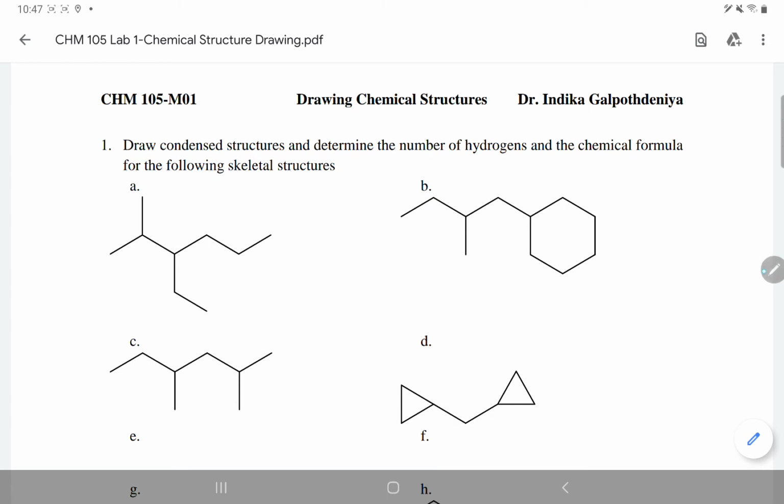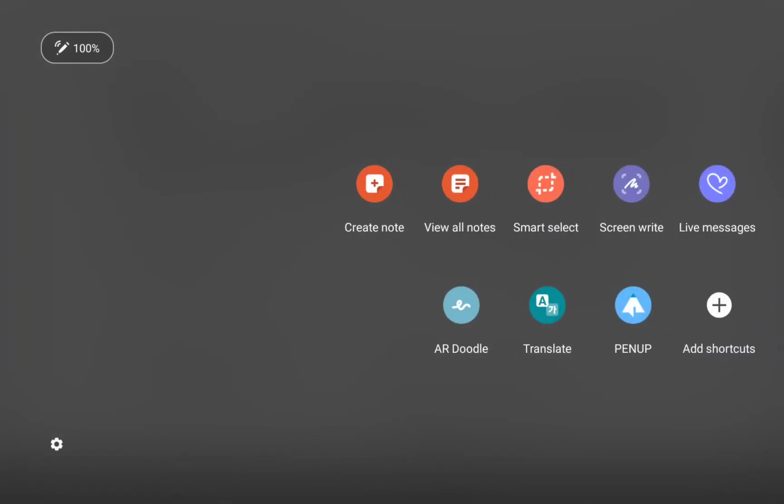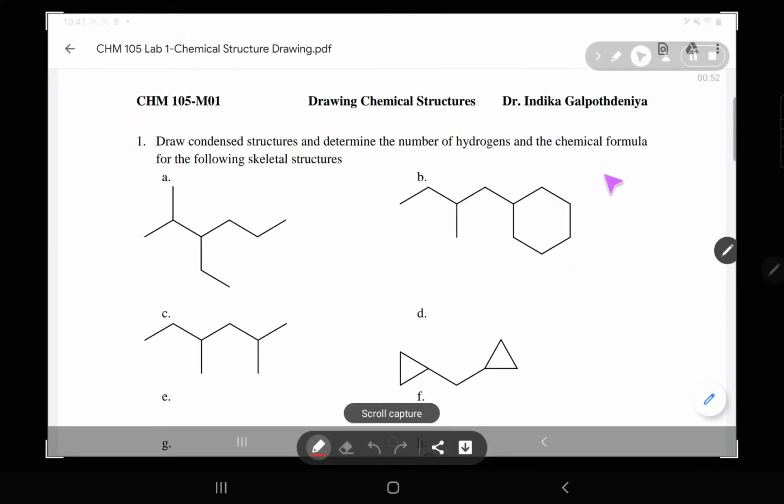Okay, let me do the first one. Let's try question number 1A. When you are drawing condensed structures from a skeletal structure, the first thing you need to know is what skeletal structures are. In skeletal structures, every end and a bend will be a carbon.